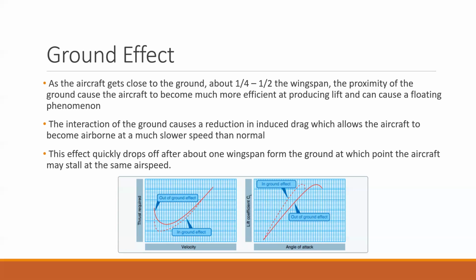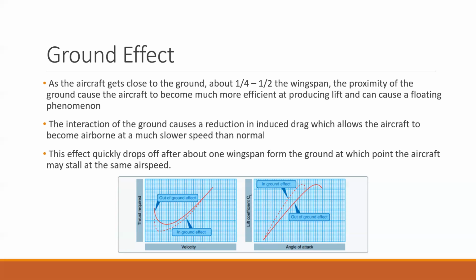After you get about one wingspan away from the ground, the ground effect stops working and basically you return to your normal aerodynamics of the aircraft. So if your stall speed is 55 knots, and you're at 45 knots in ground effect, and then you pull out of the ground effect, you're going to stall. So you have to take that into consideration and make sure that you are going fast enough. Once you get out of ground effect, you will be able to fly.